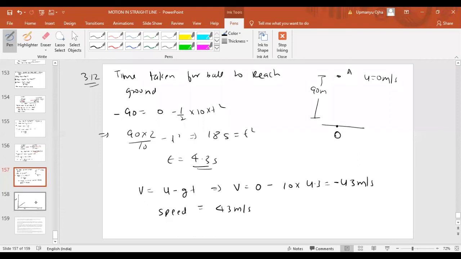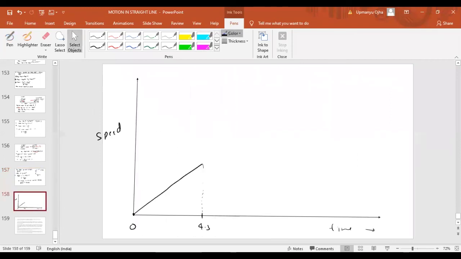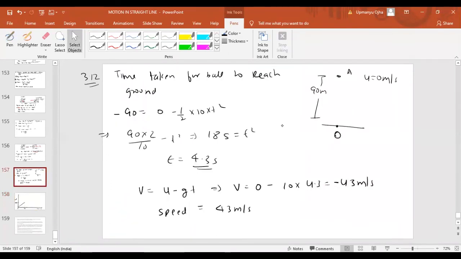So when it reaches the ground, its speed is 43 meter per second.